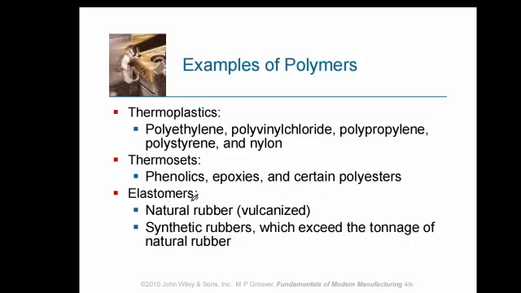And for elastomers or the rubbers, you have natural rubber, which is also known as vulcanized. But you also have synthetic rubbers, and synthetic rubbers have a usage rate that exceeds that of natural rubber. So natural rubber comes from plants, organisms, etc.